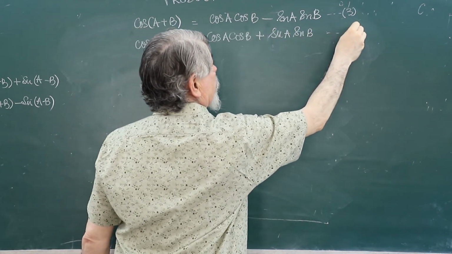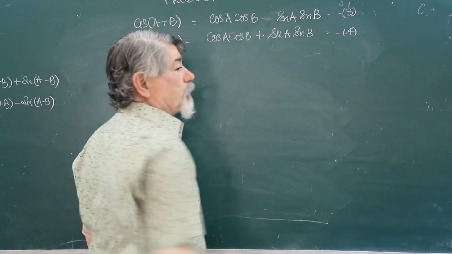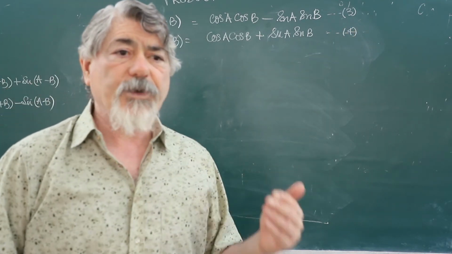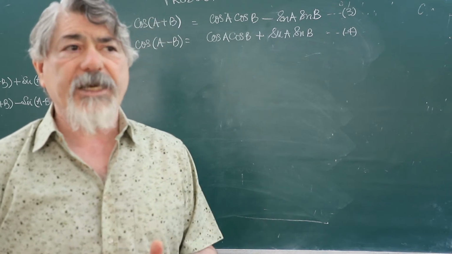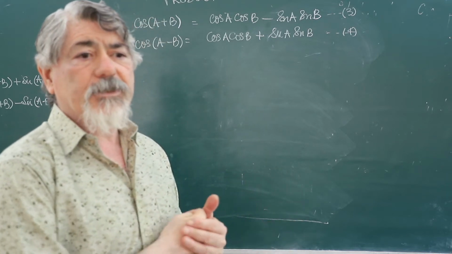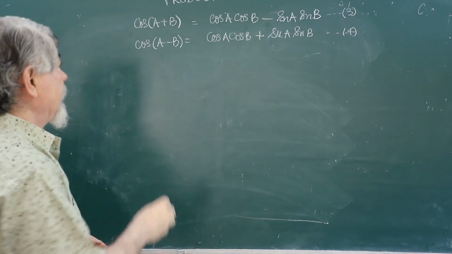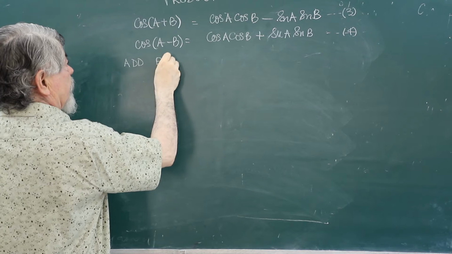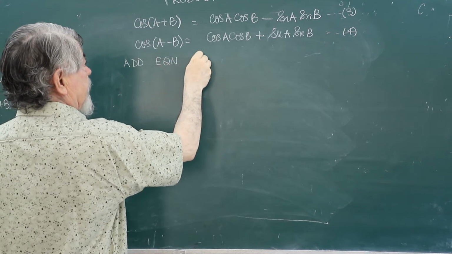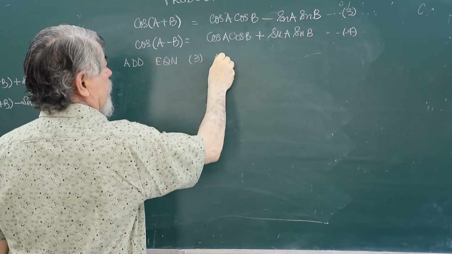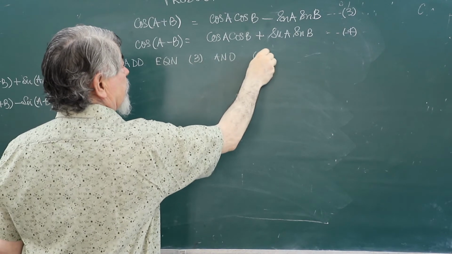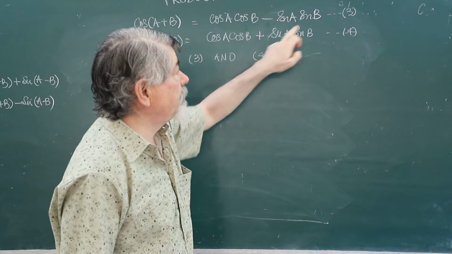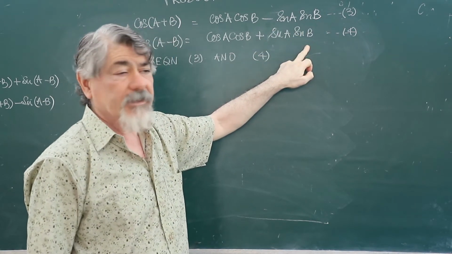That is the fourth equation. We will do the same procedure that we did with the first two equations: we are going to add them once, we are going to subtract them once, and we will get two different formulas. Like, add equations 3 and 4. If I add equations 3 and 4, what will happen is that minus sin A sin B plus sin A sin B will cancel.